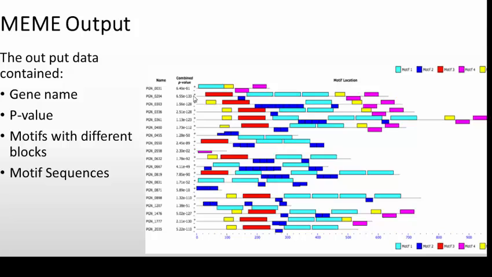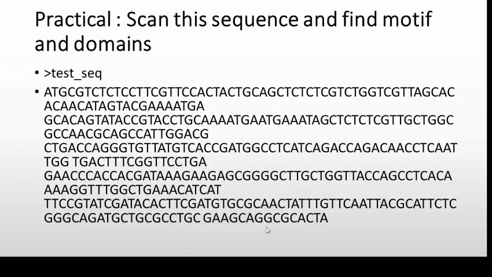For example, in these 2 genes, this block is also present in this sequence, but a similar motif is repeated 3 times in the second gene. Similarly, it is present only 1 time in another gene, and so on.